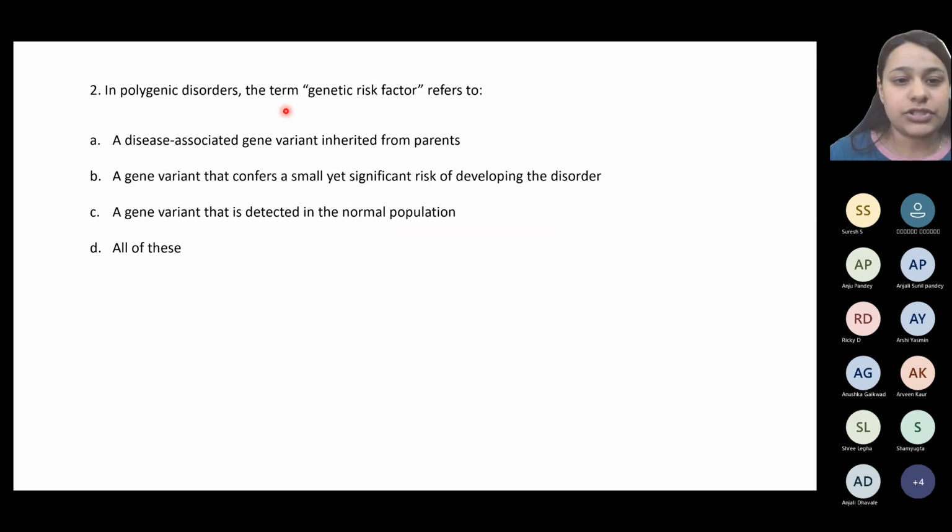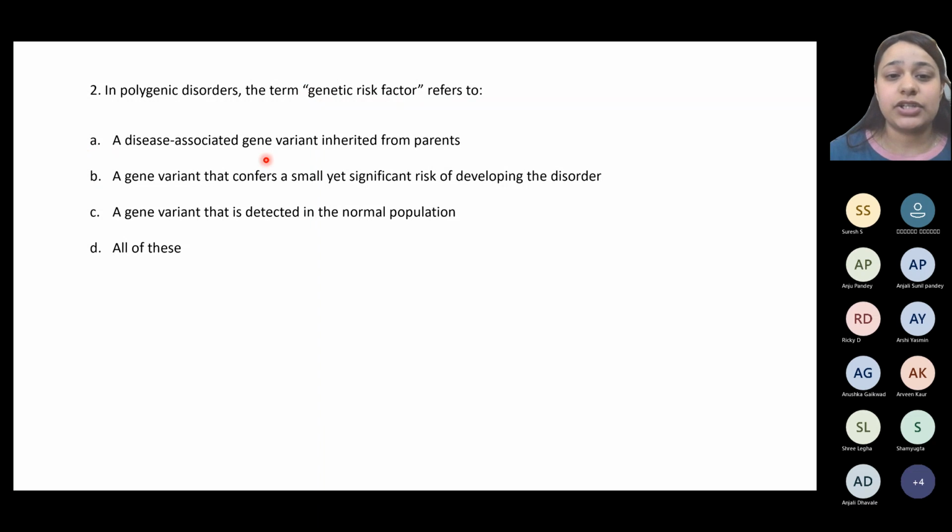Okay. In a polygenic disorder, the term genetic risk factor refers to. So genetic risk factor is something that we were just discussing with respect to what the HapMap project intended to do. It intended to recognize the genetic risk factors among other things, right? So this question focuses on the term genetic risk factor. What does it mean?